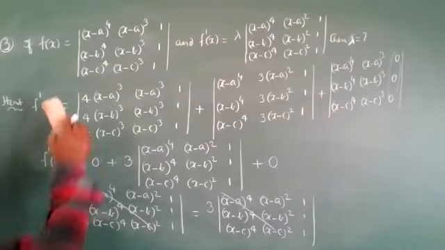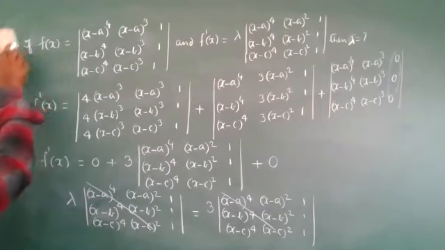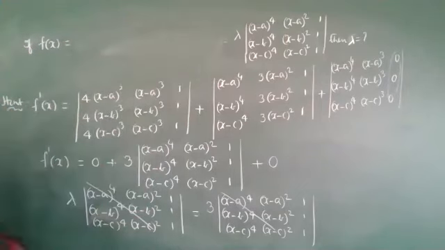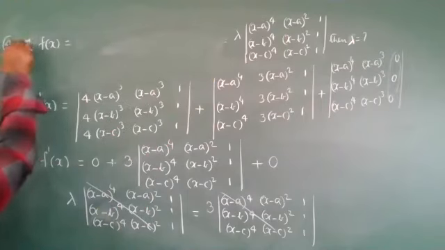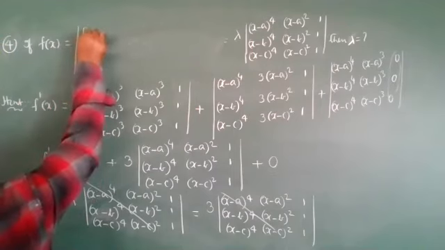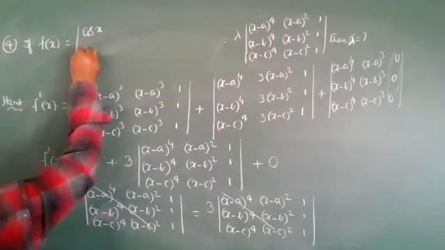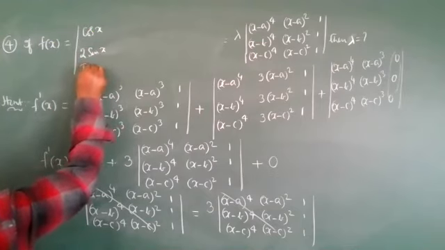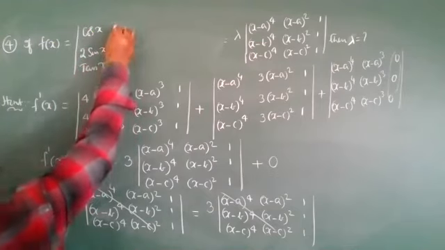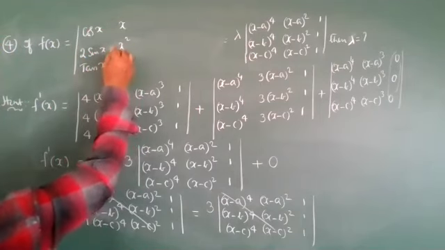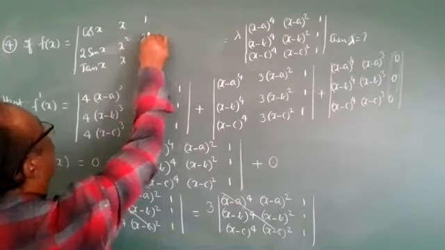First move towards problem number 4. Everyone write down problem number 4. If f of x is equal to the determinant of cos x, 2 sin x, tan x; next x, x square, x; 1, 2x, 1.